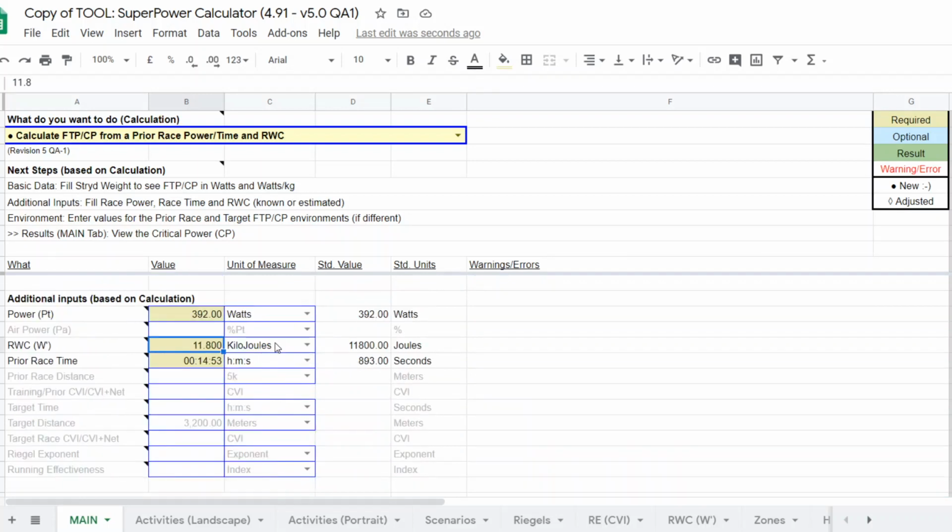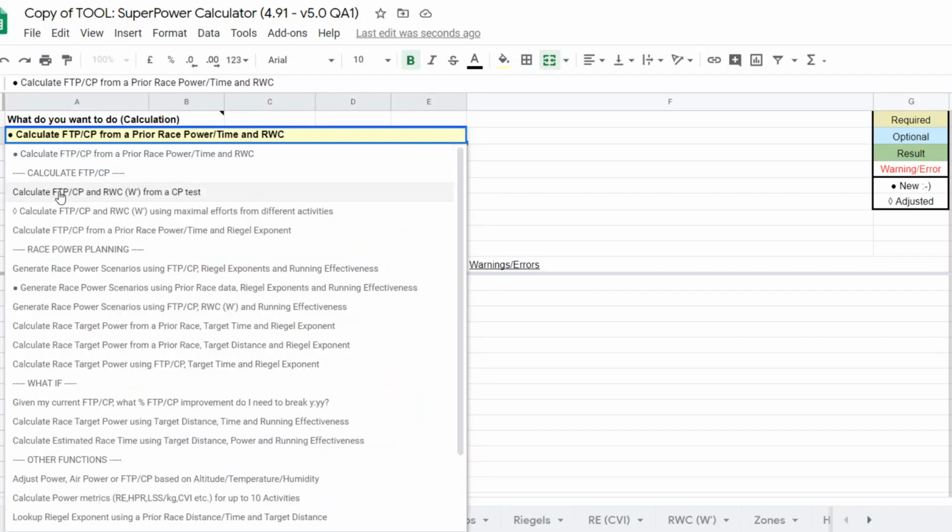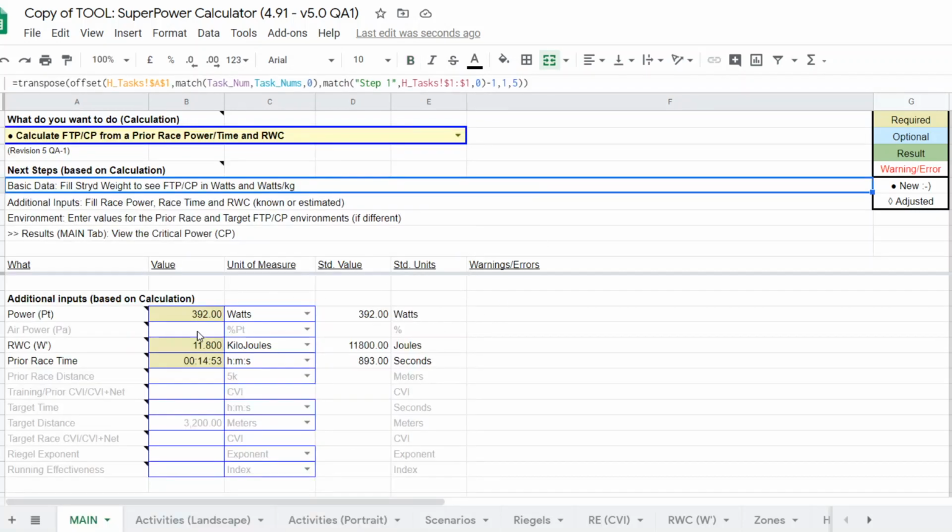So not all people know their reserve work capacity because they may not have done a recent CP test or one of the other methods that I went over earlier, whether it's a single day test or multiple tests over a 2 to 3 week period. So you may not know that.